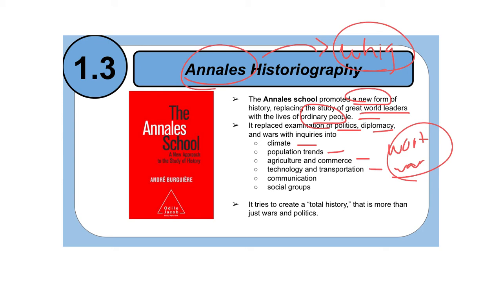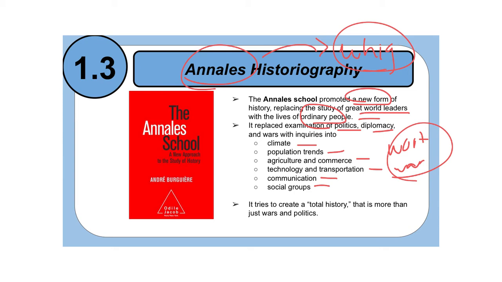Technology and transportation: how fast can information and technology move between and among people and among countries? Communication: are we open communication? Are we closing communication? Are we using factual information? Social groups: how are different subsets of the population responding to each other and interacting with each other?